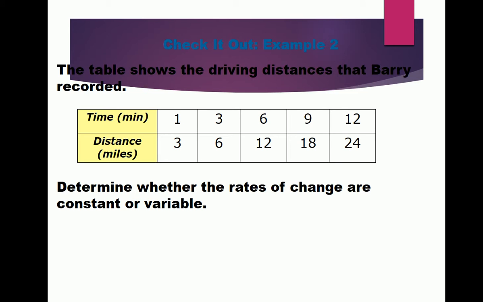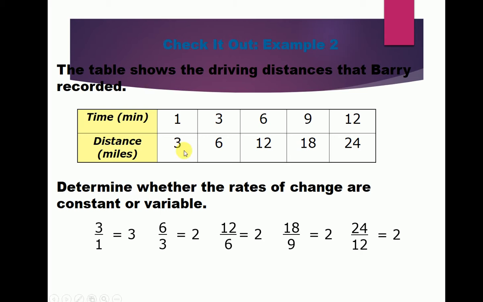For example 2, you do the same thing to see whether it is constant or variable. So 3/1, 6/3, 12/6, 18/9, and 24/12. You can see that everything has the same rate of change except the first one. So the rate of change is variable because there is one different slope.